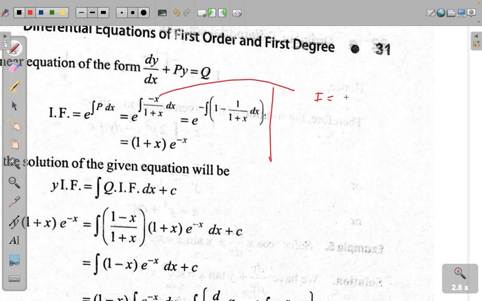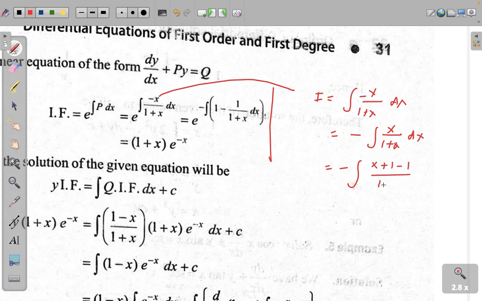Let I is equal to integral of minus x upon 1 plus x dx. The minus you can take outside. It will become this. Now x can be written like x plus 1 minus 1. Why are we doing this? Because we want x plus 1 here.